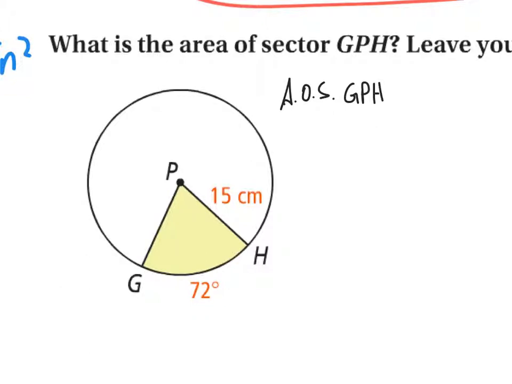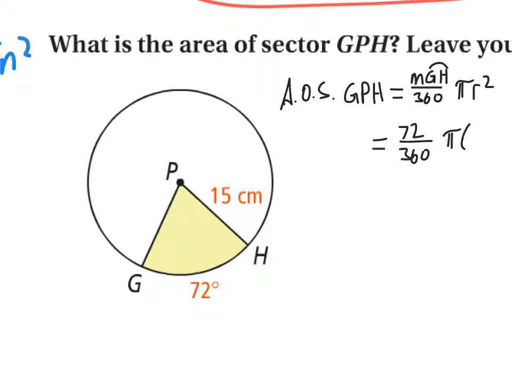Just area of sector GPH equals the measure of arc GH over 360 times pi r squared. All right, well, what is the measure of arc GH? 72 over 360 times pi times our radius, which is 15 squared.